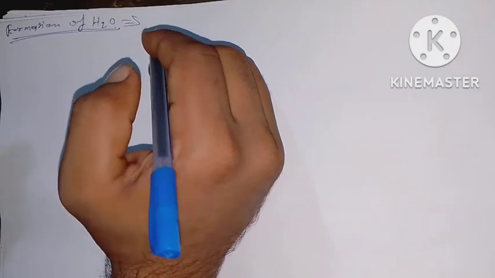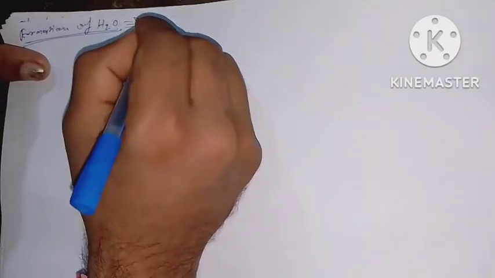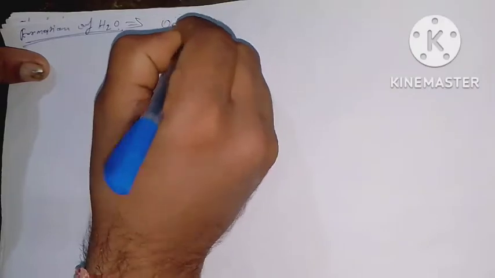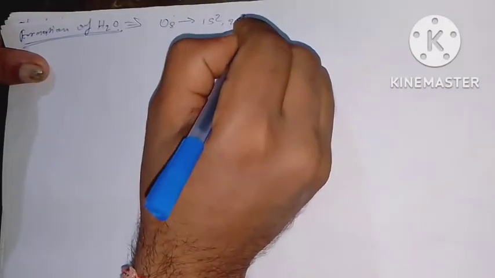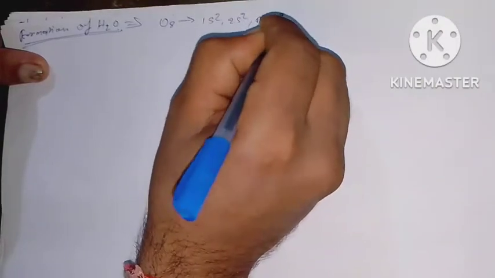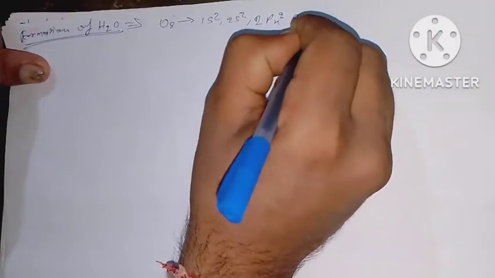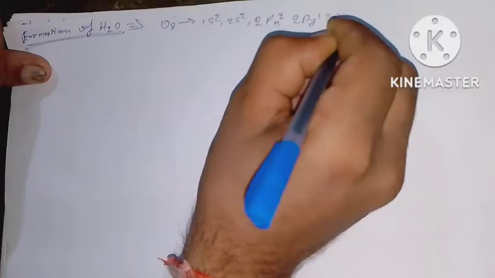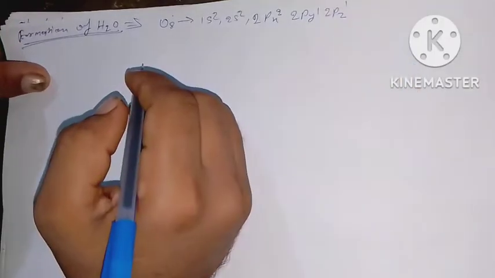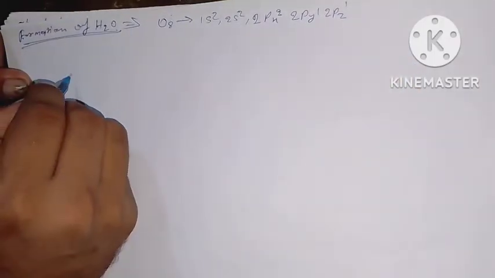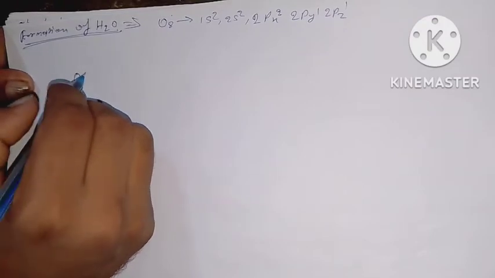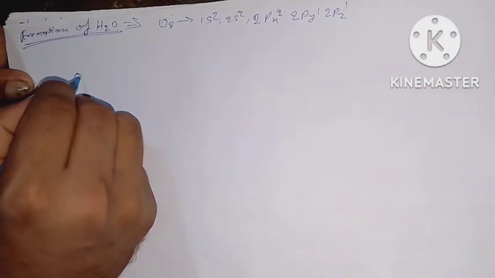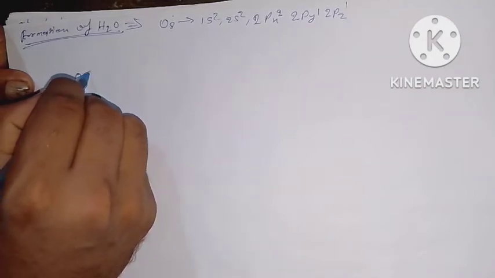The electronic configuration of the oxygen atom is O8: 1s2, 2s2, 2px2, 2py1 and 2pz1. This is oxygen, and oxygen is the central atom.